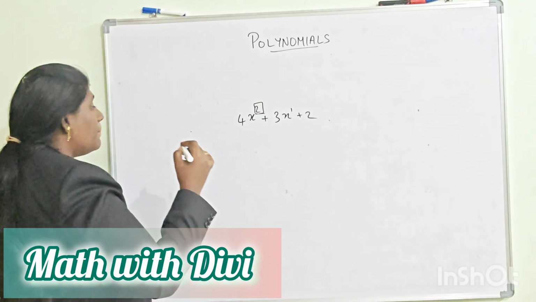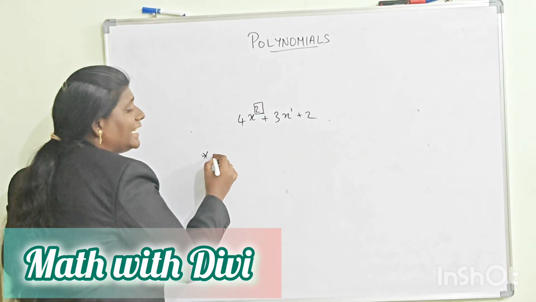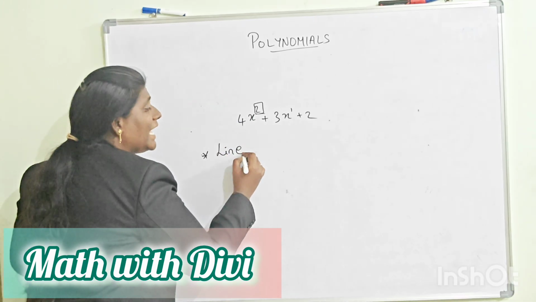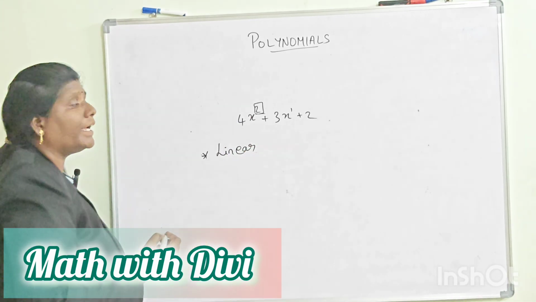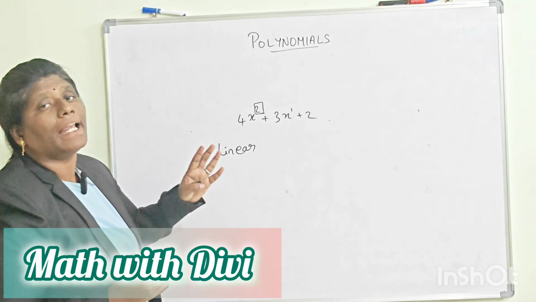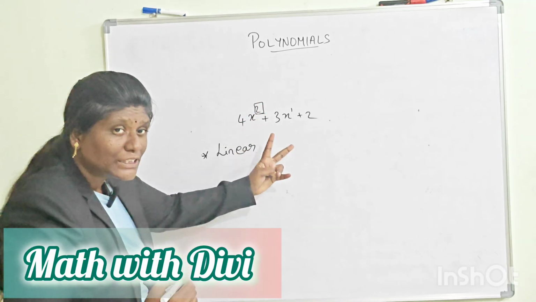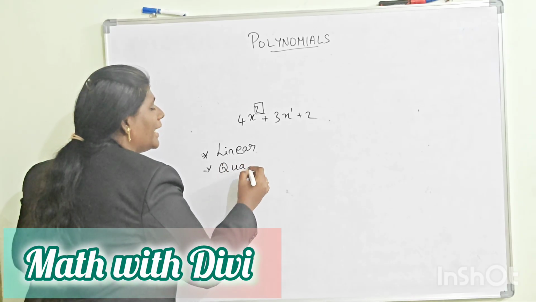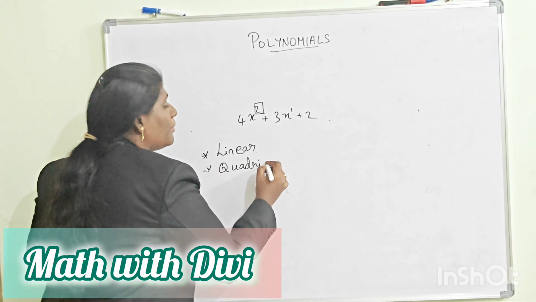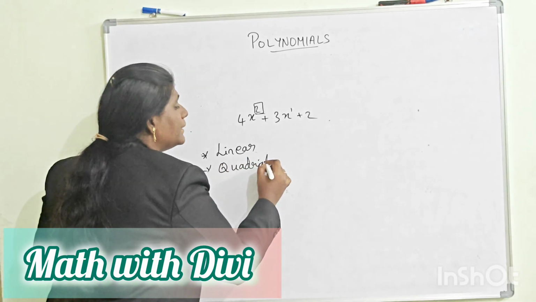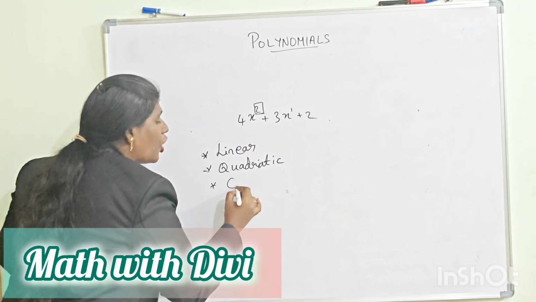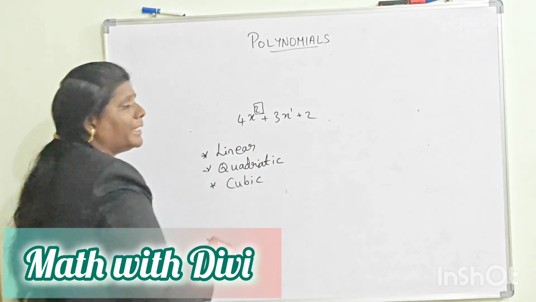When the polynomial has degree 1, it is called a linear polynomial. When it has degree 2, it is called a quadratic polynomial. When it has degree 3, it is called a cubic polynomial.